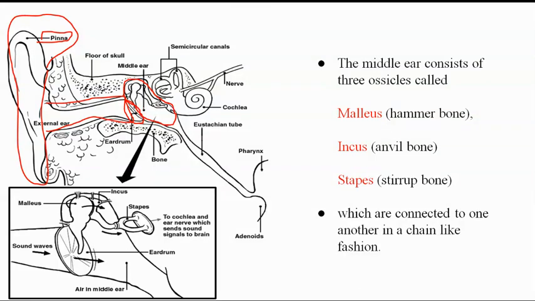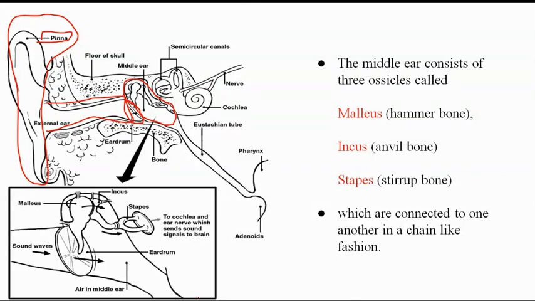And if this portion is magnified, it seems to be like this, where the middle ear consists of three ossicles: malleus, incus, stapes. These are connected to one another in a chain fashion, and the shape of the malleus is similar to that of a hammer.